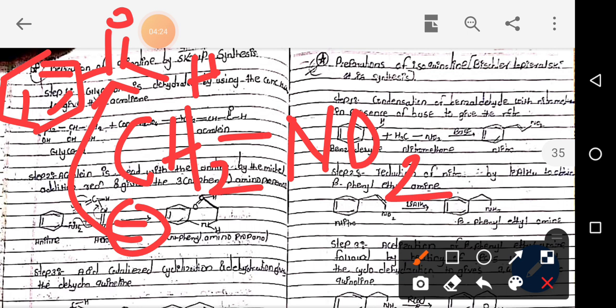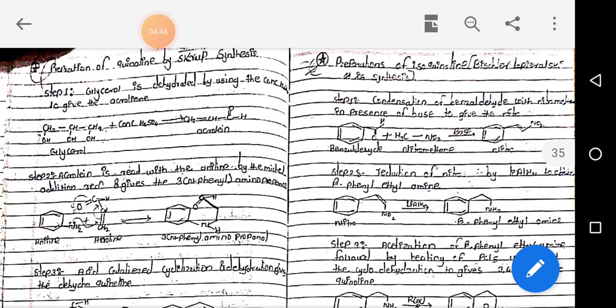So this CH2 minus can easily attack the benzaldehyde carbonyl carbon and form a new bond, and then removal of H plus ions gives the alkene system. So this is the first intermediate of this reaction. We will get the first intermediate like this.